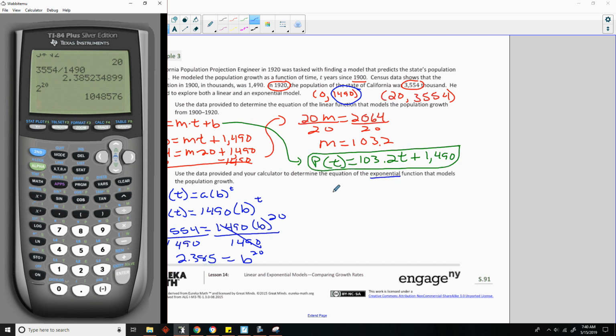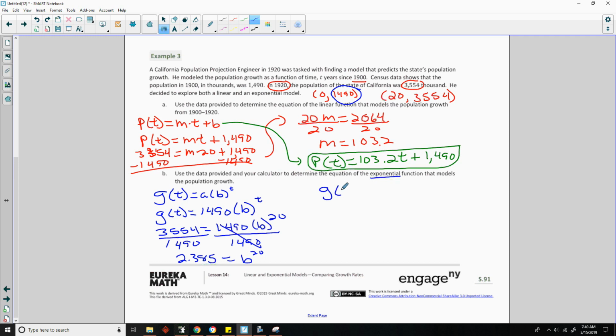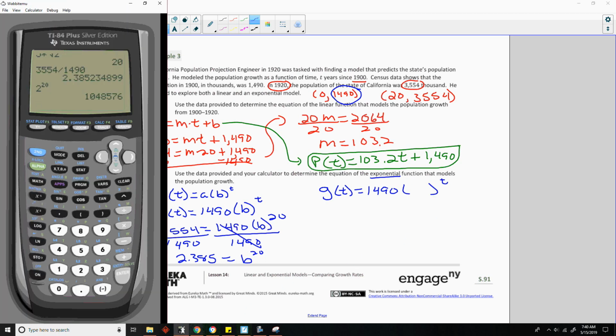So I do know that g of t equals our a, 1490, times some value to the power of t. I just did 2 to the 20 and got this really big number.